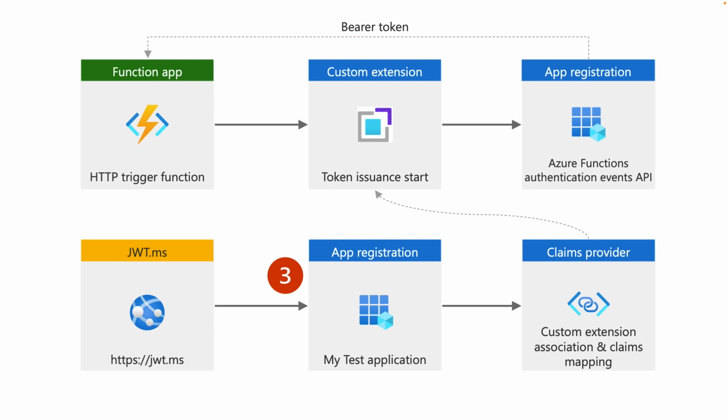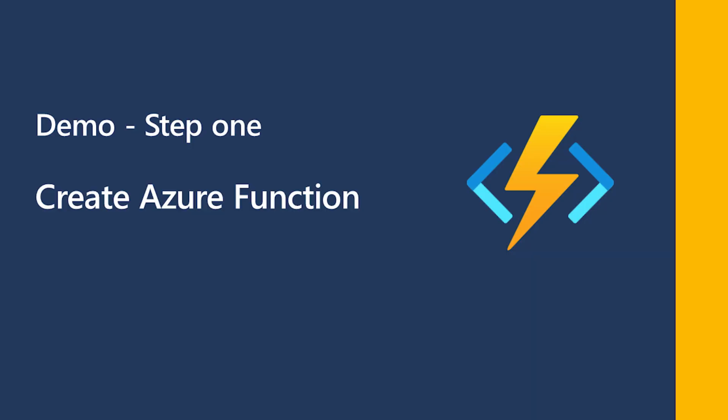Register the JWT.ms application. Then you will configure a custom claims provider for the JWT.ms application and specify the attributes to add to the security token that is returned to the JWT.ms application. Next, you will test the configuration with the JWT.ms application and investigate the returned security token. You will also learn how to secure the Azure Function app with an OAuth2 bearer token issued by Azure Active Directory.